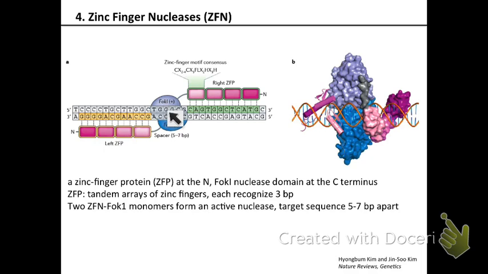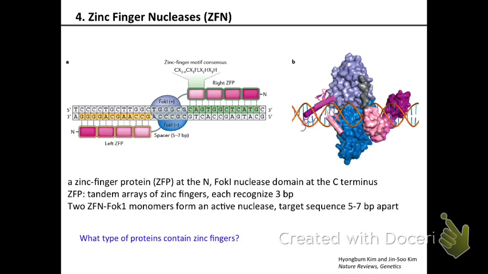Okay. So each of these zinc fingers will recognize a 3 base pair DNA sequence, and you can change the protein sequence of each zinc finger to recognize a different set of 3 nucleotides.